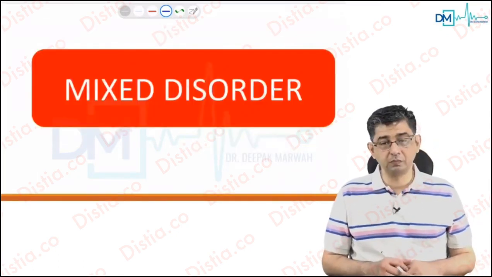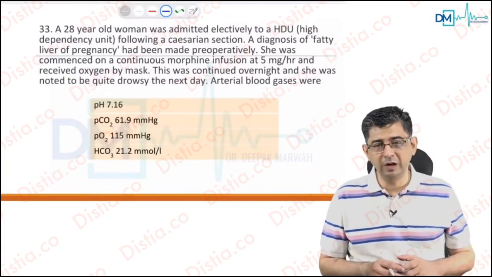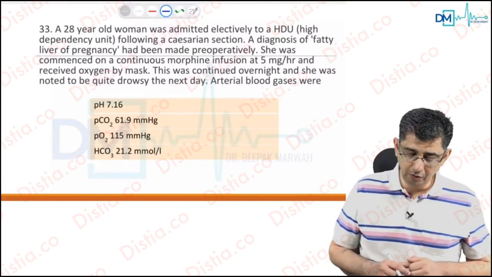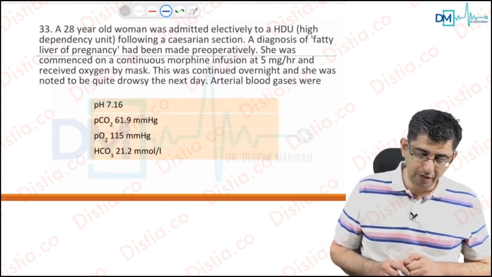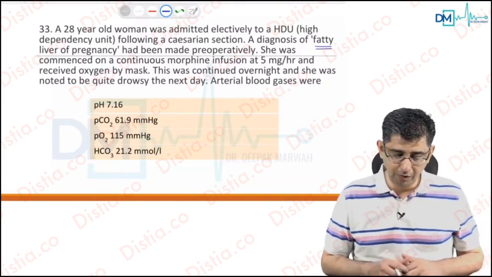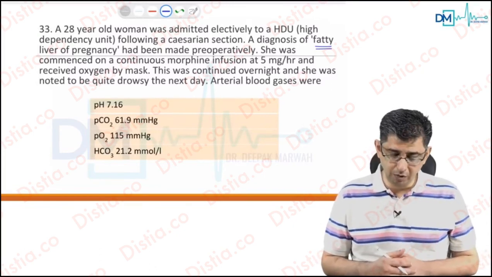Moving to the next one, mixed disorders. This is the one that you really need to be least bothered about because it's very in your face. A 28-year-old lady was admitted to the high dependency unit following a cesarean section. A diagnosis of fatty liver of pregnancy was made pre-operatively, and she maybe has right upper quadrant pain, so they put her on a morphine infusion.